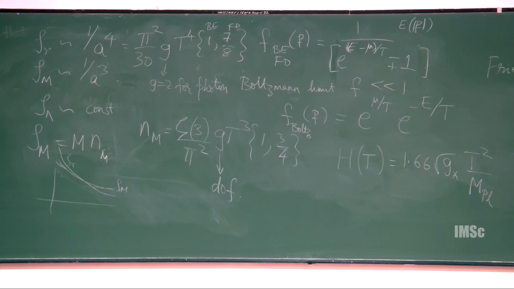It is just basically photons and maybe a few neutrinos. That's about it. And everything else has become non-relativistic, right? And so we went from degrees of freedom of 106 to something like 6 or 7 now.